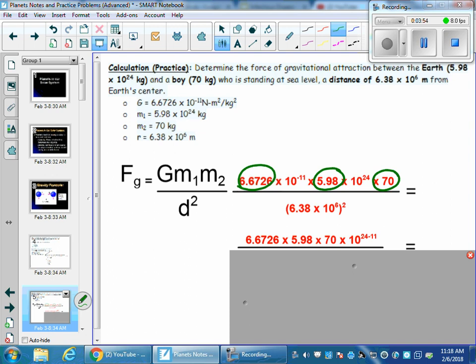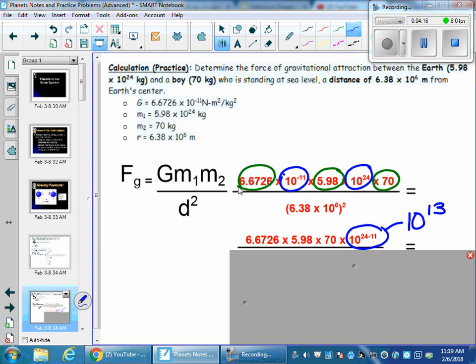You're going to put those all together at the beginning. Then you're going to combine your exponents together. And now you should know that when you multiply exponents, you actually add the exponent numbers to each other, but in this case we have a negative, so you'd subtract. So this part here is actually going to be 10 to the 13th power.